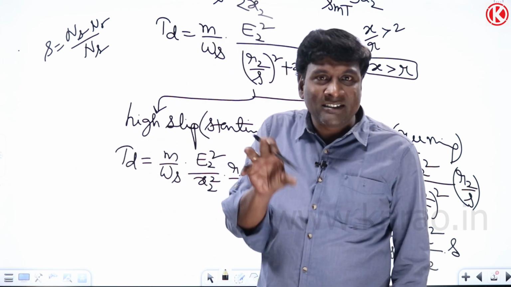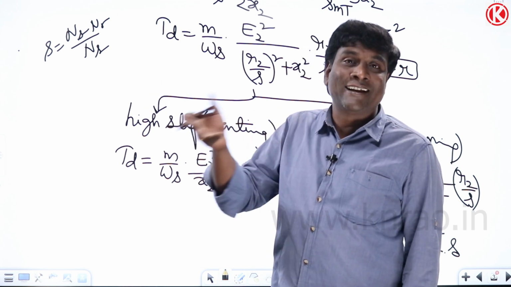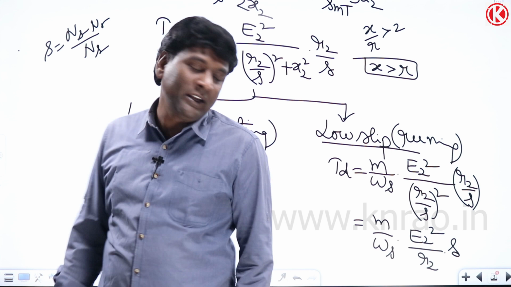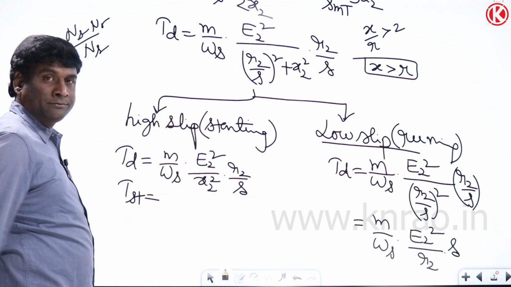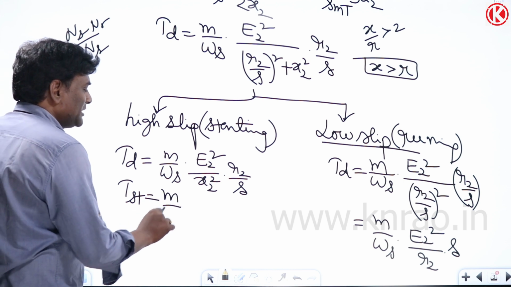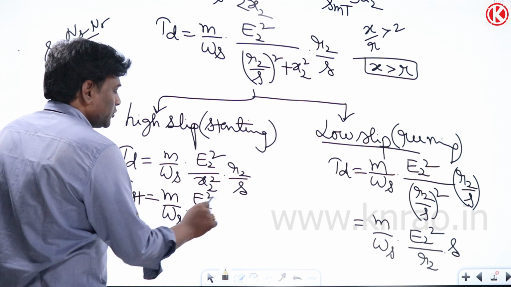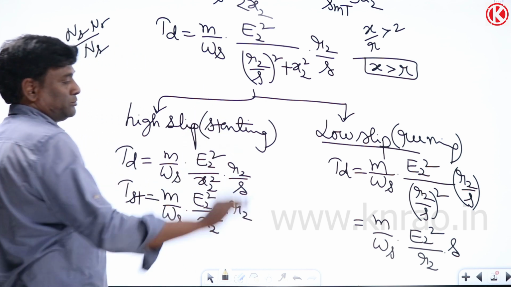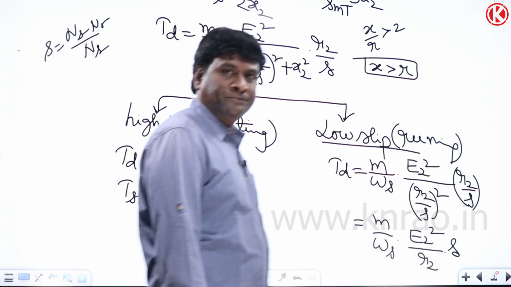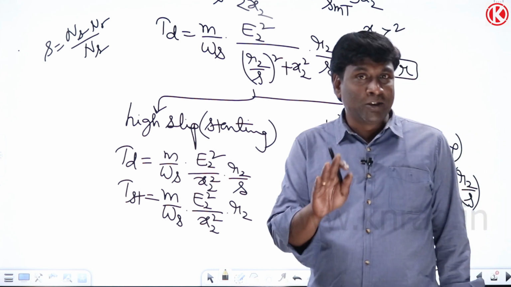The rotor speed will be accelerated towards synchronous speed. During that time of acceleration, in the transient period, nobody can ask any question. So let me directly write starting torque. At starting, how much is going to be the slip? It is going to be 1. So this is going to be E2 square by X2 square into R2. That's it. We are all set to solve directly the problems of speed control also.